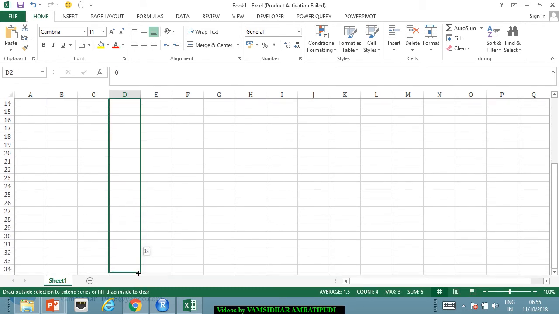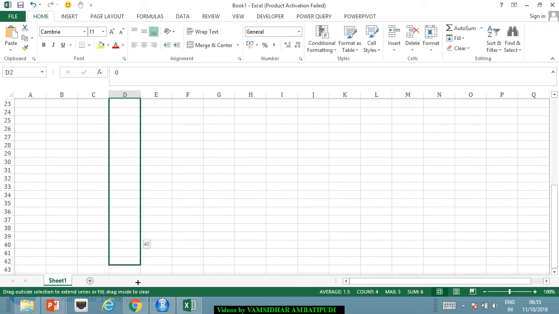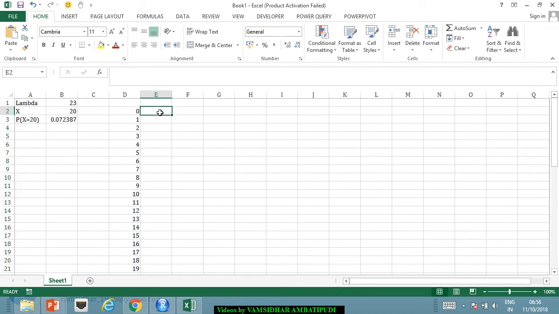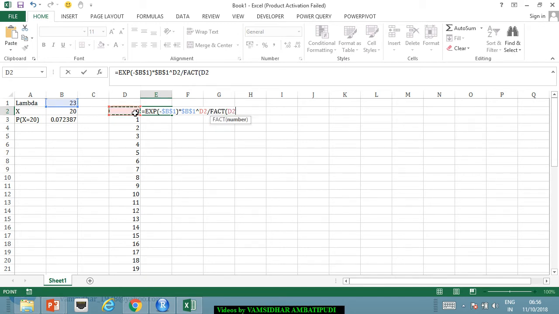Probably if I am interested in the probability of getting, let's say, up to 50 phone calls per day, 0 to 50 phone calls per day, I can put e to the power of minus lambda into lambda to the power x divided by x factorial.